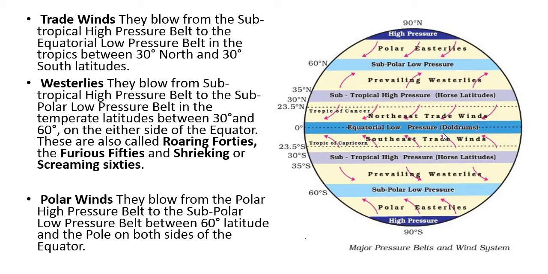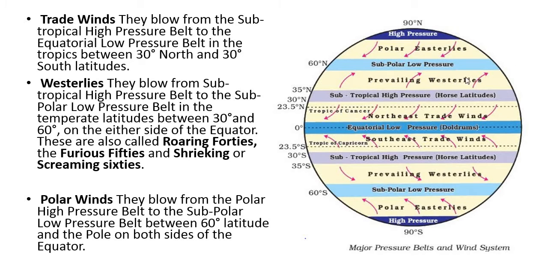Westerlies. They blow from subtropical high pressure belt to subpolar low pressure belt in the temperate latitude between 30 degree and 60 degree on the either side of equator. They are also called roaring 40s, the furious 50s, and shrieking or screaming 60s.